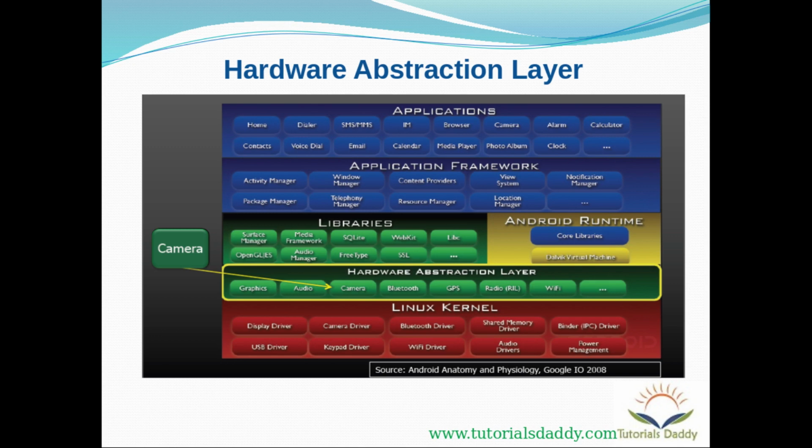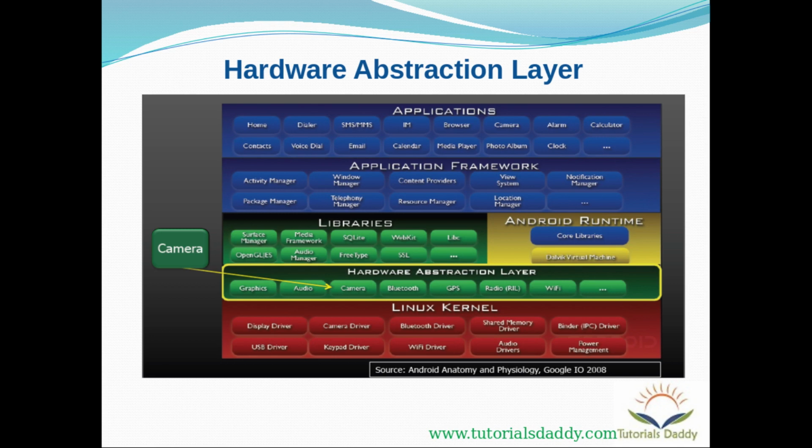So the WhatsApp application will generate some request, let's say for the camera. If you are opening the camera from the WhatsApp application, or simply from the camera application, your camera application will generate a generic call because it's hardware independent. But on the lower layer, you might have Qualcomm based hardware, Samsung based chipset, or XYZ company based chipset.